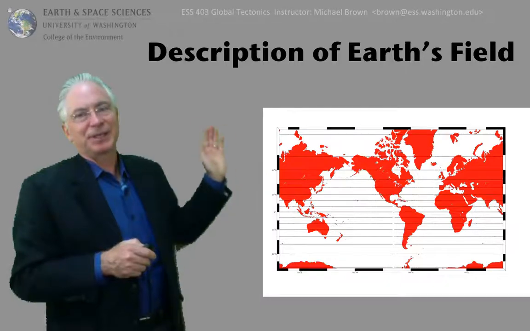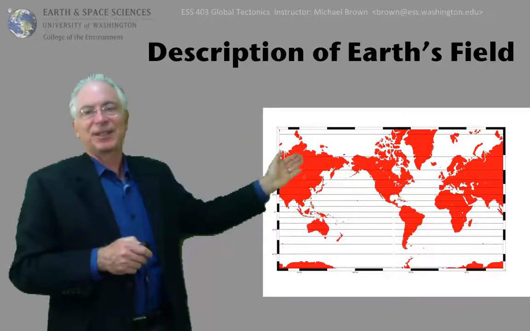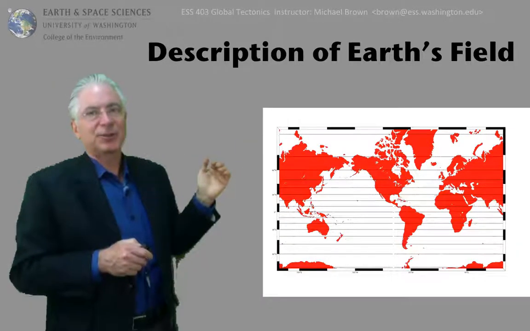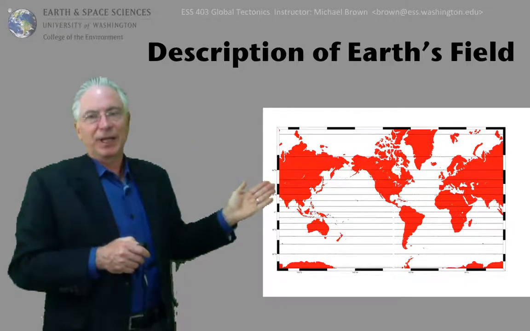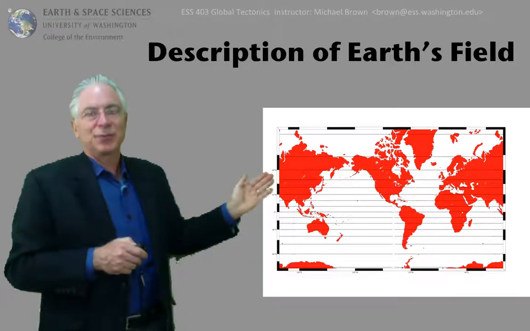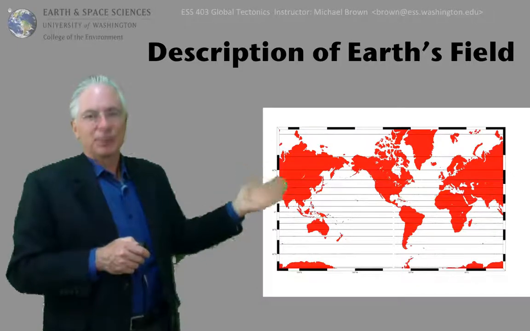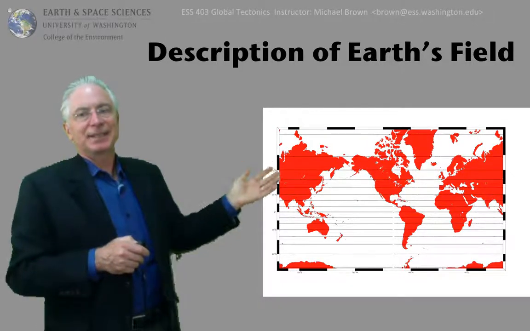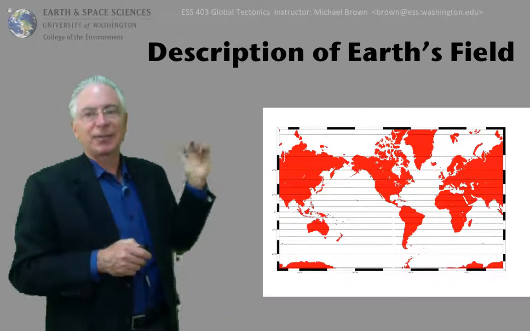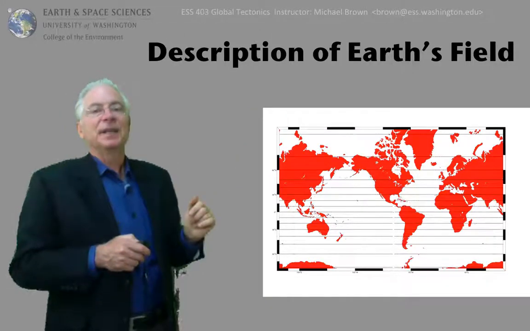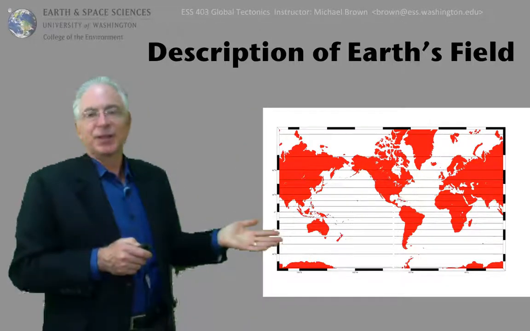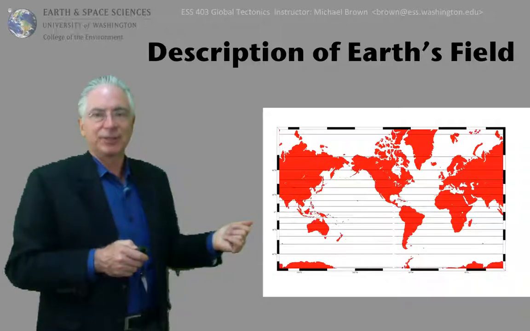Here's a map showing lines of constant latitude across it. And if the Earth's magnetic field were dipole-like and oriented with the spin axis of the Earth, then both intensity and inclination would vary only with latitude, and thus these lines would be lines of constant intensity or constant angle of inclination.